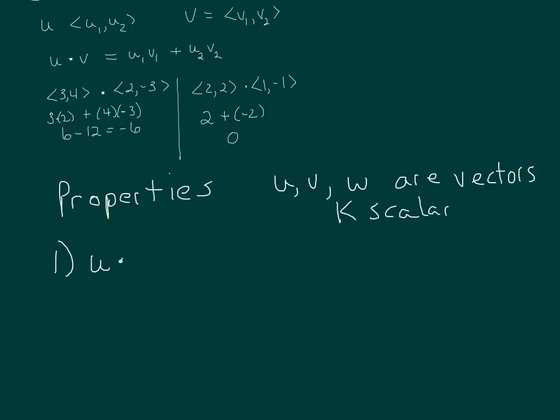The dot product of u with v can be rewritten as the dot product of v and u. Commutative property. If we take the dot product of a vector with 0, we get 0.